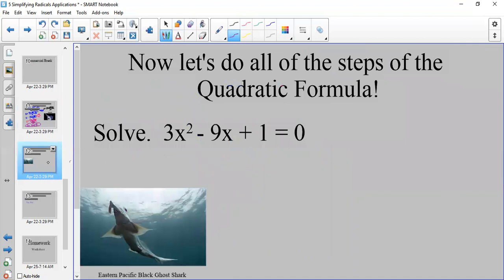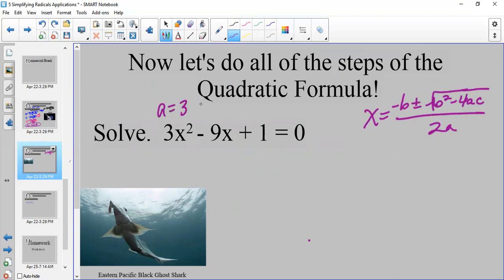All right, let's try one last one together, and then you can try one on your own. So again, here's the quadratic formula. We're going to figure out our a, which is 3. Our b is negative 9, and our c is 1. First things first, let's make sure we plug it in correctly.